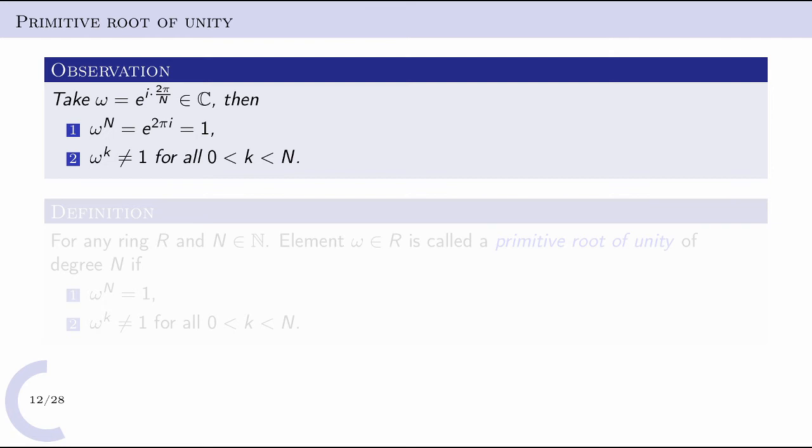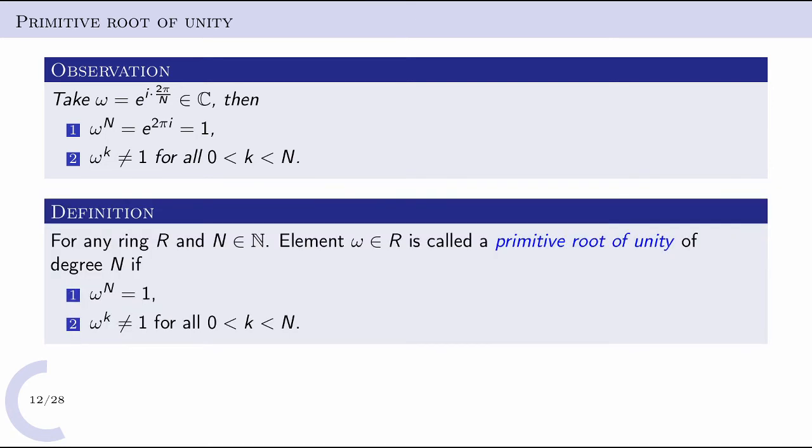So this omega is a number such that the nth power of omega is 1, but any other positive powers, strictly less than n, are not 1, are distinct from 1. Such a number is called a primitive root of unity. In this case, a complex primitive root of unity.